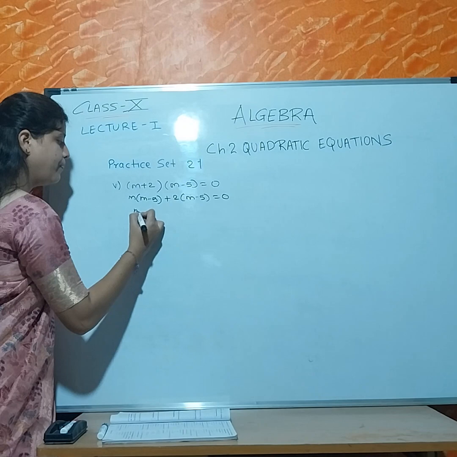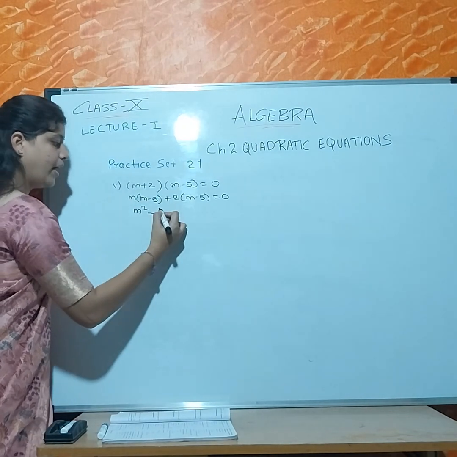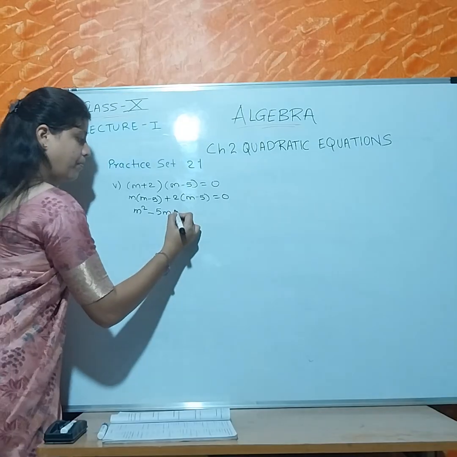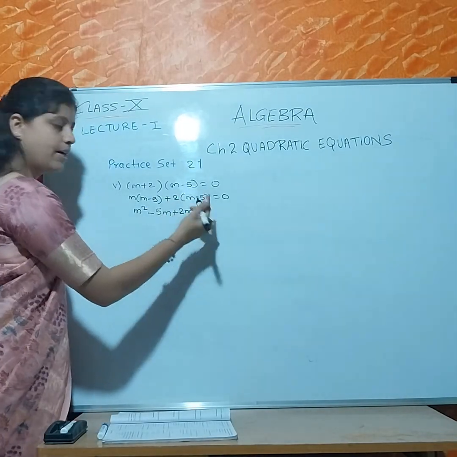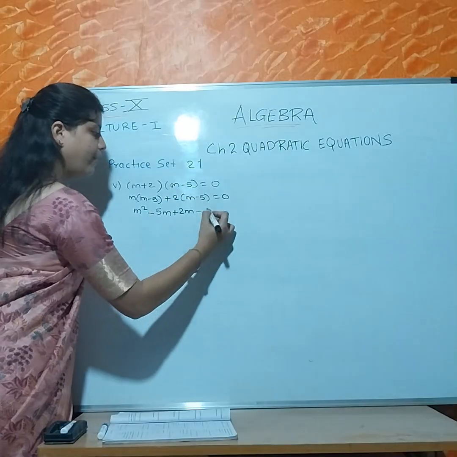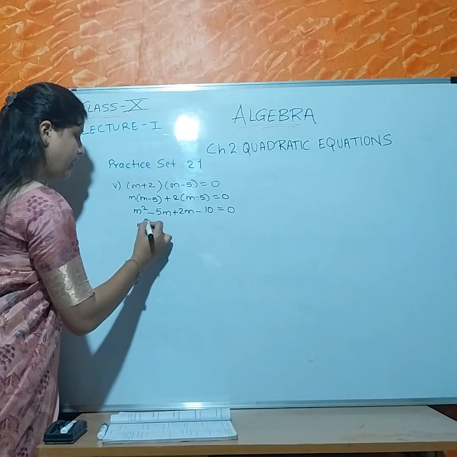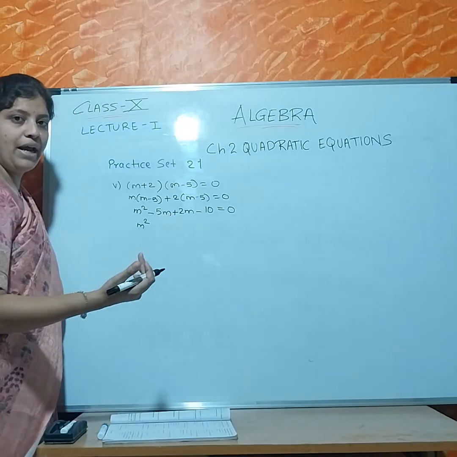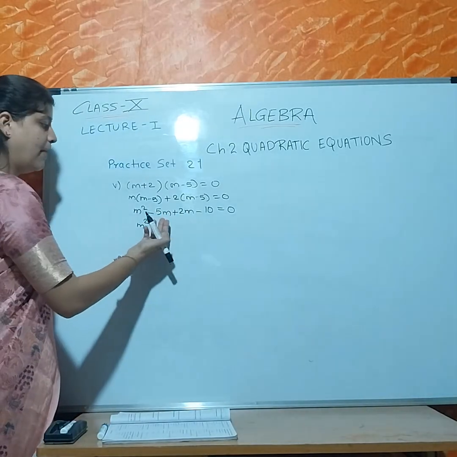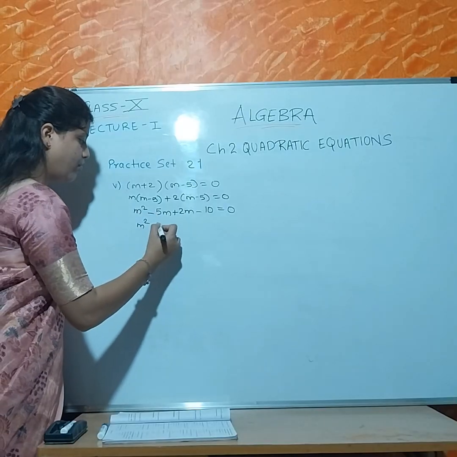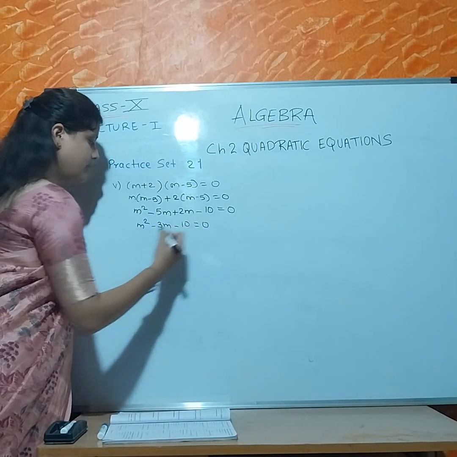So m into m, m square, plus minus, m into 5, 5m, plus 2 into m, 2m, plus minus becomes minus 2 into 5, 10 is equal to 0. So m square minus plus minus, so 5m minus 2m, 3m, and bigger number sign is minus, so minus 3m minus 10 is equal to 0.